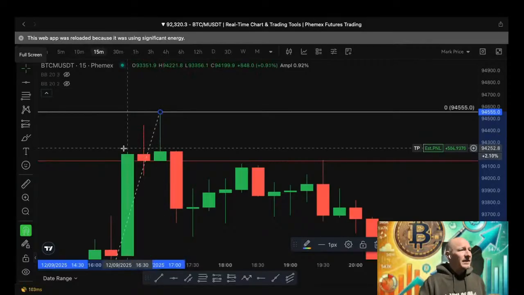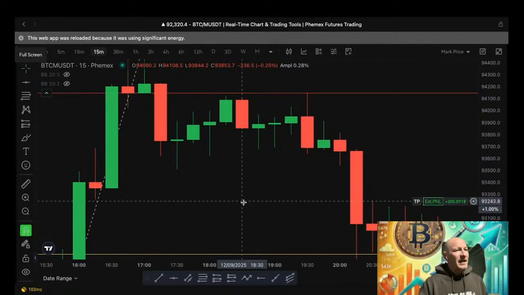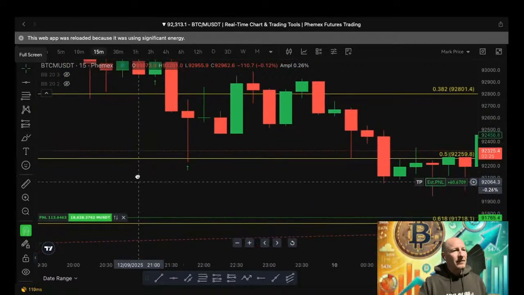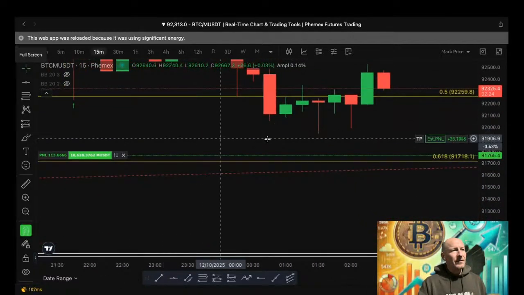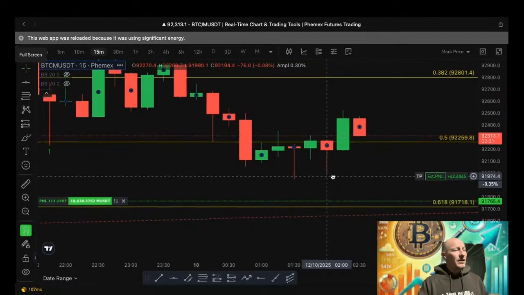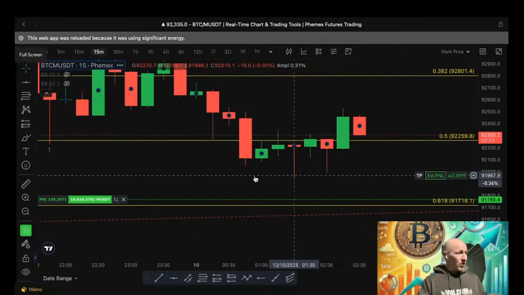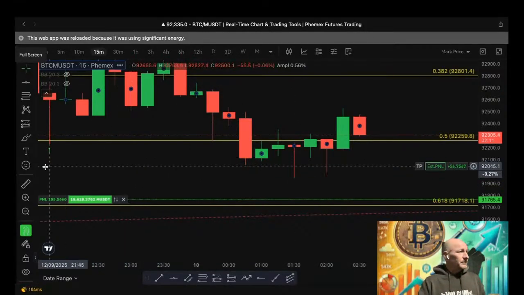So that's why it's been going down and it's still going down. So now what you do here is you wait for a clear reversal.